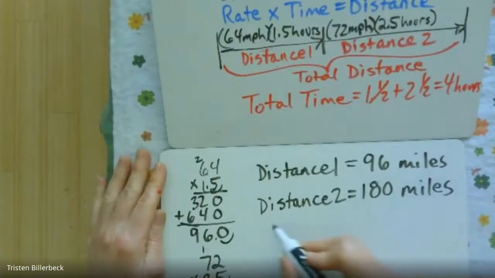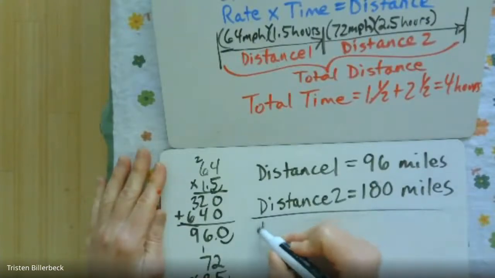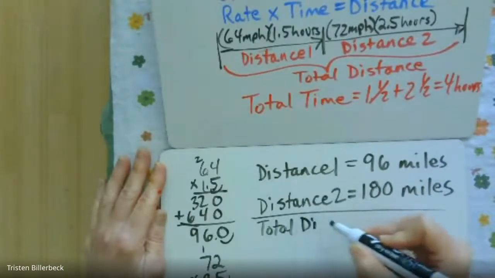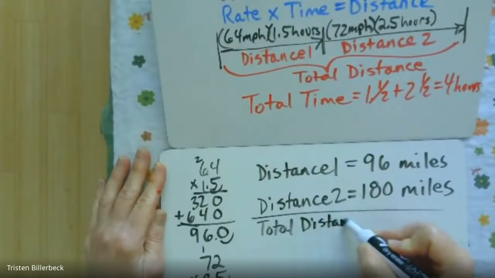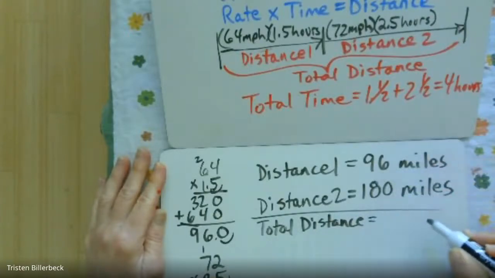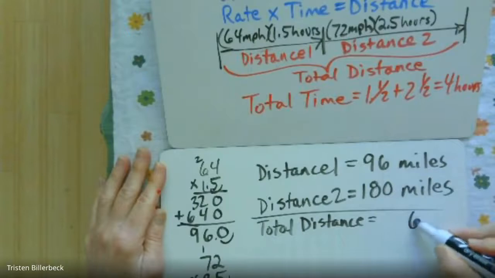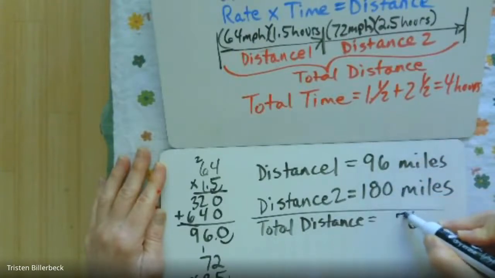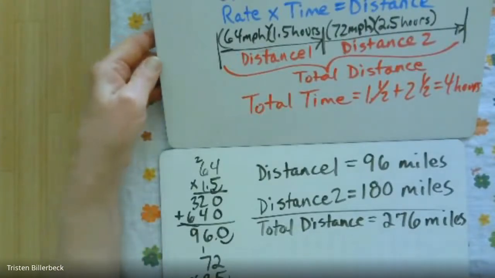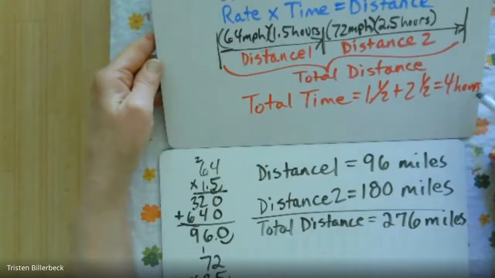When we want the total distance, we add them. So 0 plus 6 is 6, 9 plus 8 is 17, carry a 1, and 1 plus 1 is 2. So the total distance is 276 miles. Now we know the total time of 4 hours already.